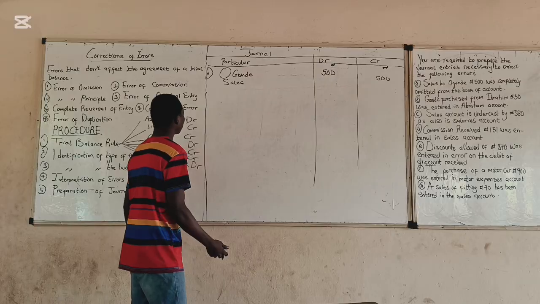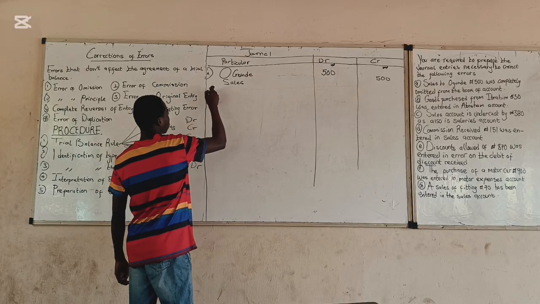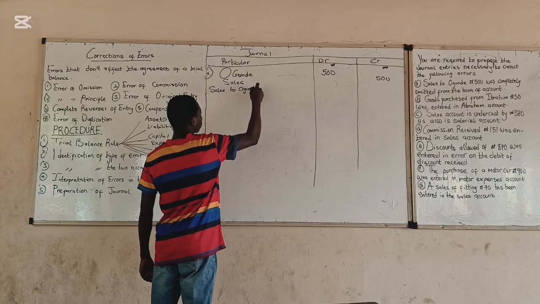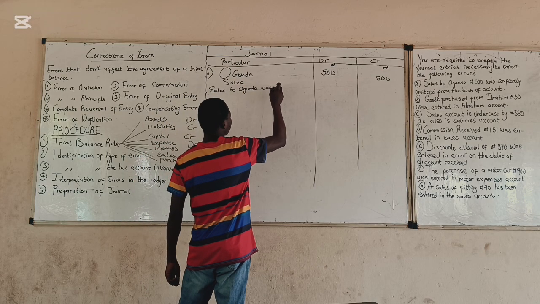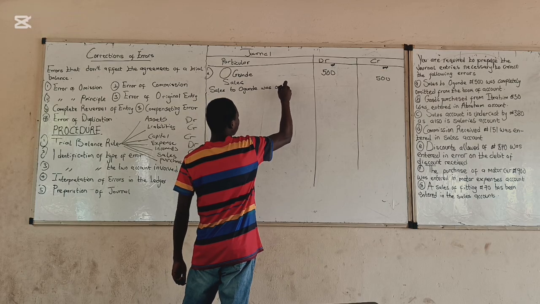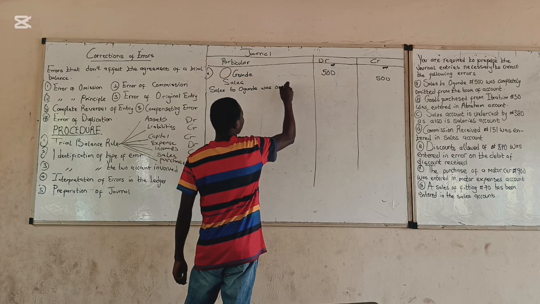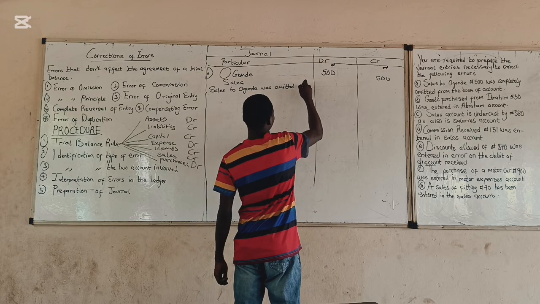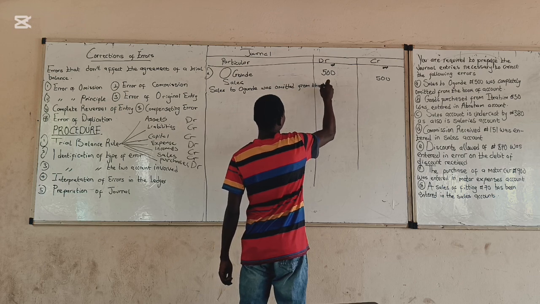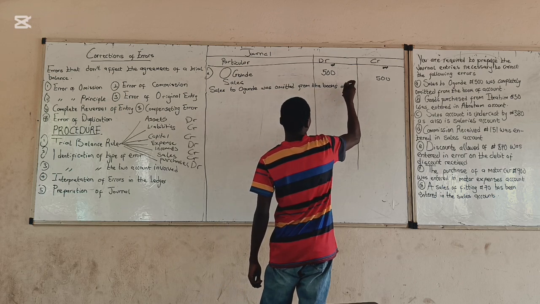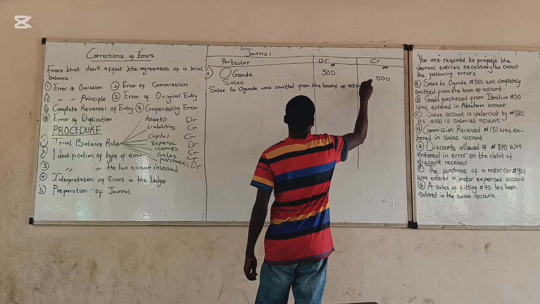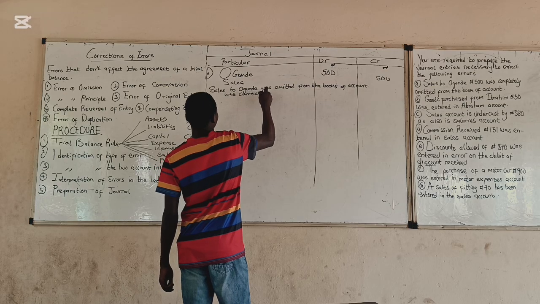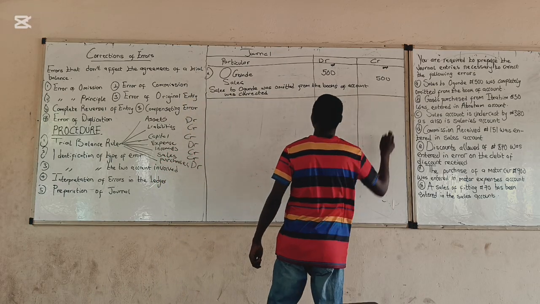So the narration is going to be: sales to Ogunde was omitted from the book of account, was corrected. So that's number one.